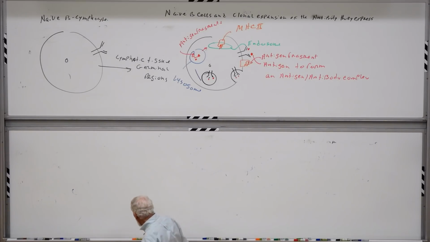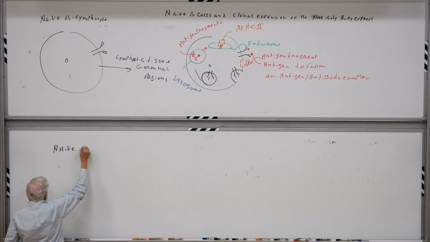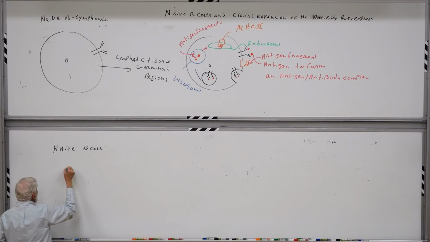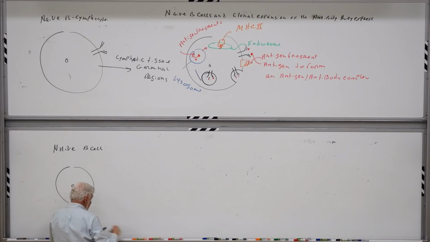So we'll start out over here with our naive B cell. This naive B cell, as we showed above, is a professional antigen-presenting cell.